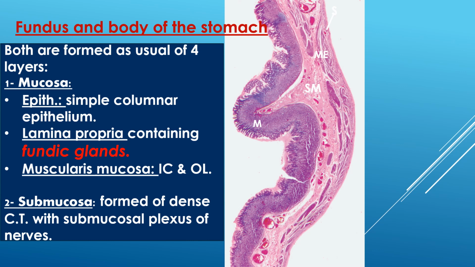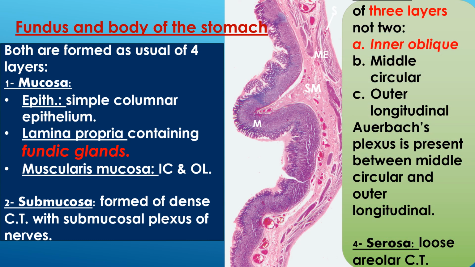Submucosa is formed of dense connective tissue with marginal plexus of nerve fiber. Okay, the third layer is the muscularis externa, and as you know, it is formed of inner circular and outer longitudinal layers. In between, we have a myenteric plexus, which is called Auerbach plexus. But here, the stomach needs another layer of smooth muscle fiber.